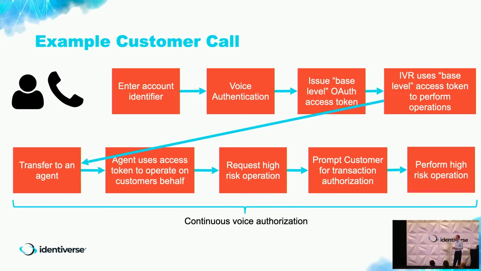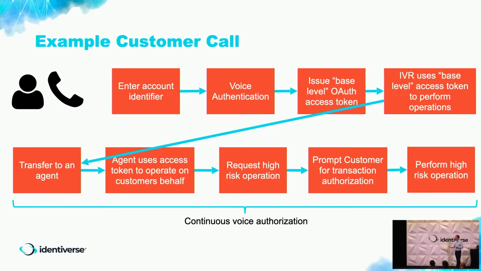That might be a push notification to their mobile phone. It might send them a one-time code via SMS if they're not enrolled in the mobile app, say it's your great grandma who's using a really old classic Nokia phone and isn't perhaps as tech savvy.